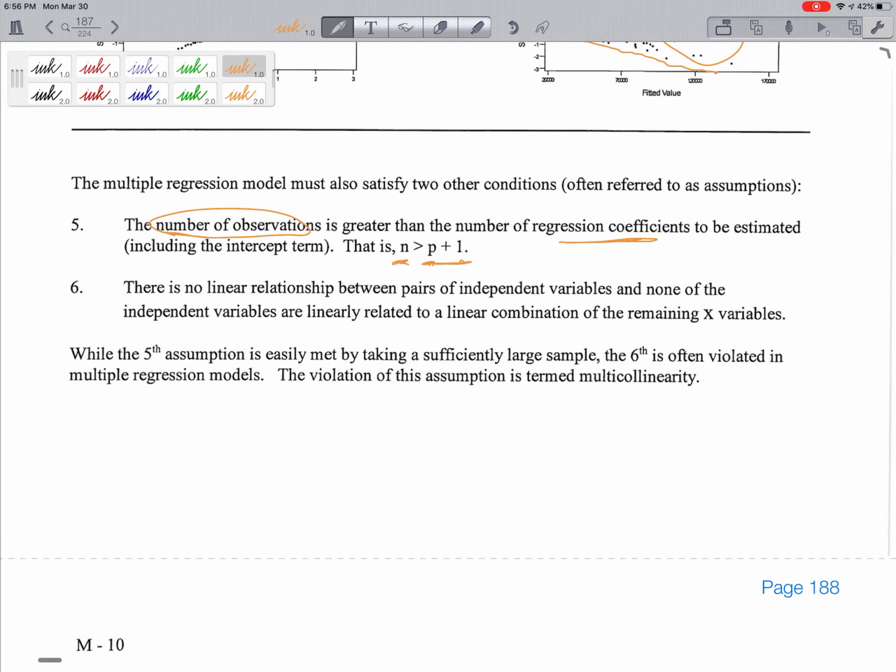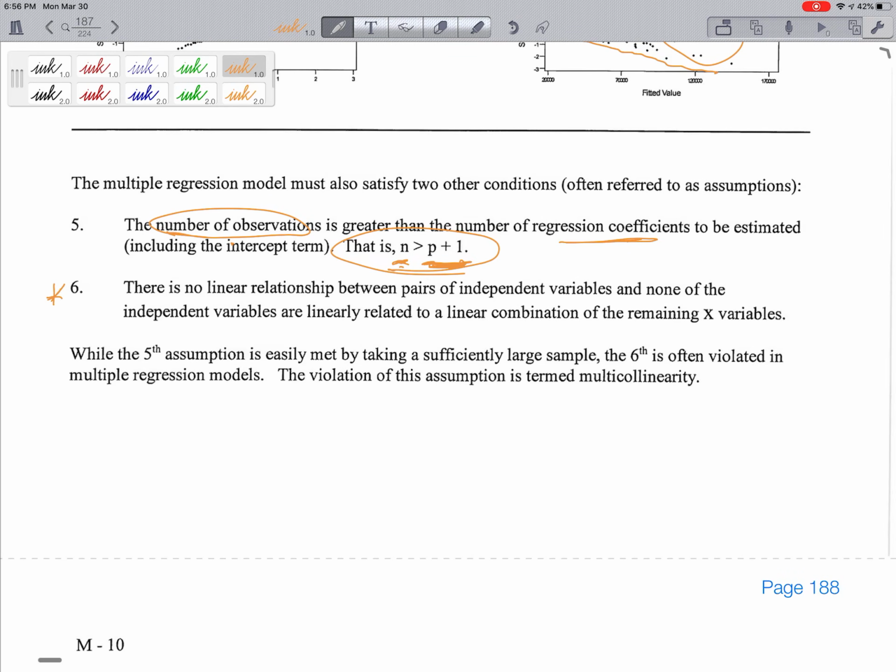You'd have no error. And so when you have an R² of 100%, that's a great thing, but all the points are on the line and it actually craps out at that point. That's what would happen if you only had 2 points in a simple linear regression line. So you've got to have at least 3. And here, in our particular case, you've got to have at least 7. So, of course, we've got 90.